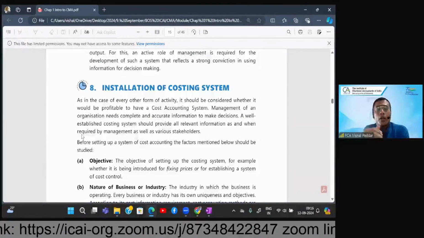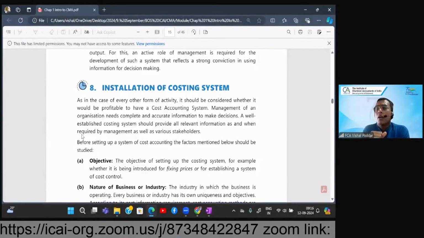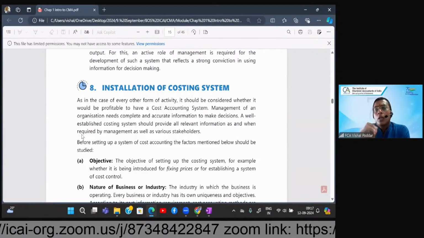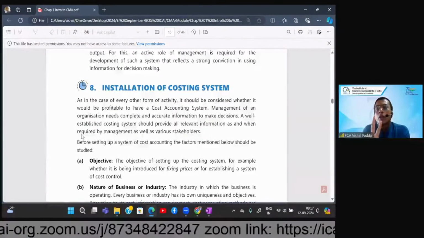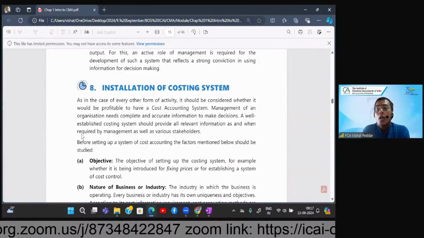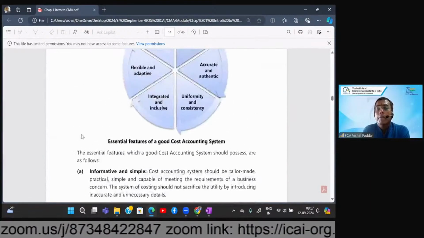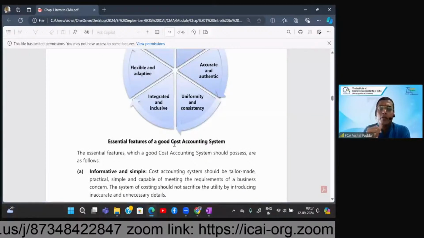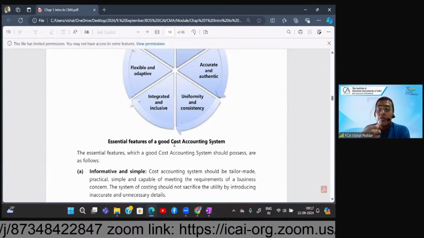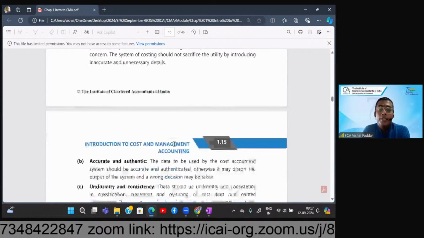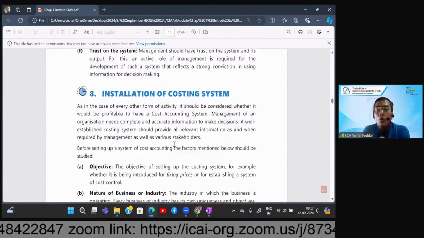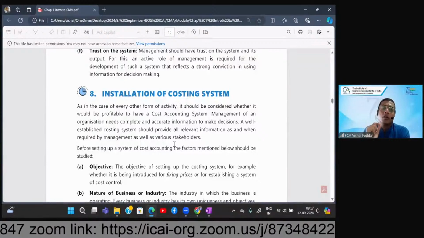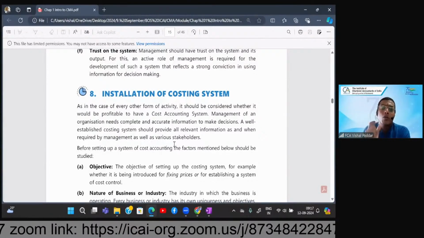So let us say, after becoming a chartered accountant, you want to start your office. Now, there would be two things that you will consider. One, what are the essentials of a good office? So you want to set up an office, so you want to know what are the features of a good office. And second, you also want to know what are the points that you should keep in mind before you buy or rent out a place.